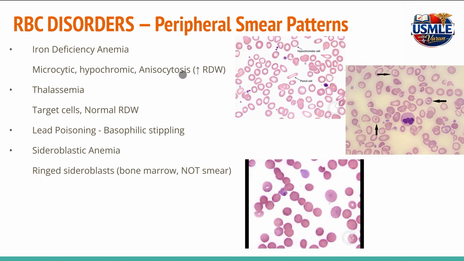So the most characteristic feature of iron deficiency anemia on a peripheral smear is anisopoikilocytosis, along with an increased red cell distribution width. Thalassemia is characterized by target cells and also a normal red cell distribution width. Lead poisoning is associated with basophilic stippling, and sideroblastic anemia is associated with ringed sideroblasts on a bone marrow image.